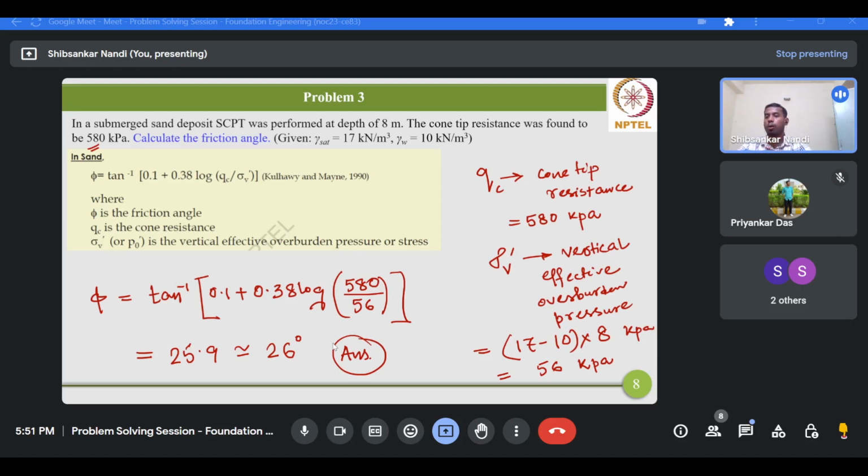Okay, so first of all, in case of SCPT, you cannot extract the sample. So this is one drawback of this kind of test, which we can obtain from the SPT even at the required depth.